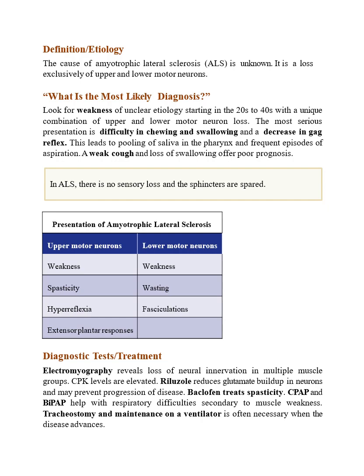All right. What kind of diagnostic test and treatment? Electromyography reveals loss of neural innervation in multiple muscle groups. CPK levels are elevated. Riluzole reduces glutamate buildup in neurons and may prevent progression of this disease.